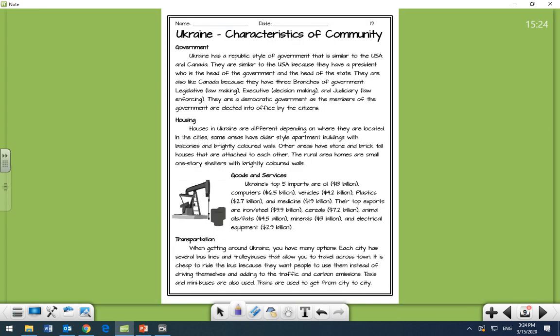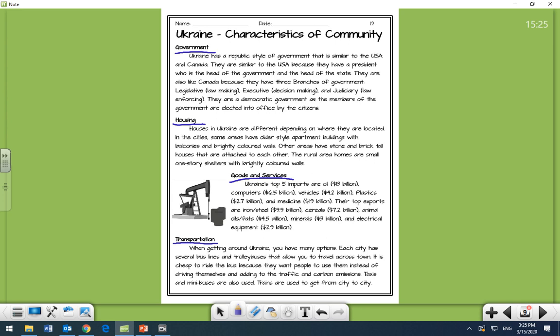You need to read the last page for this, which talks about the government, houses, goods and services, and transportation. Remember, goods and services are the things that they make, and the services are the things that people do. So if they sell food or they work in a hotel, those are the things that they provide to people.